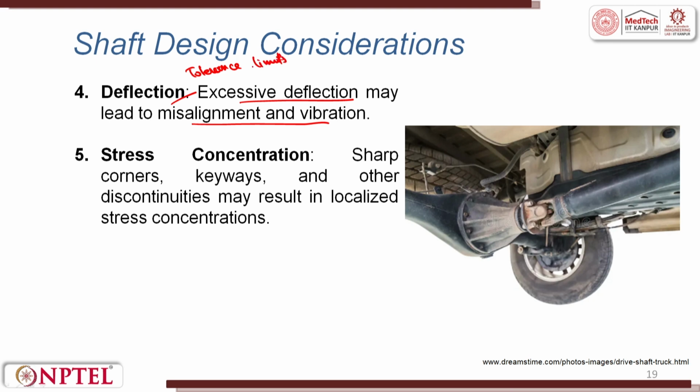There are tolerance limits between which the flexibility or deflection is allowed. Stress concentration: sharp corners, keyways and other discontinuities may result in localized stress concentrations. So these should be avoided when we talk about the shaft design. If not avoided, the stress concentration areas should be minimized.